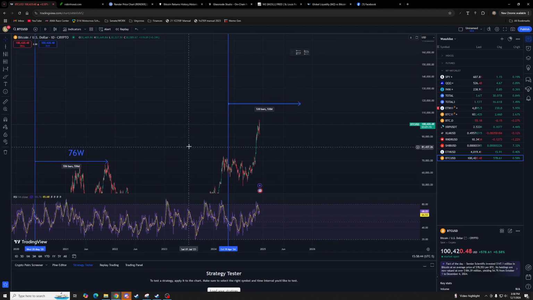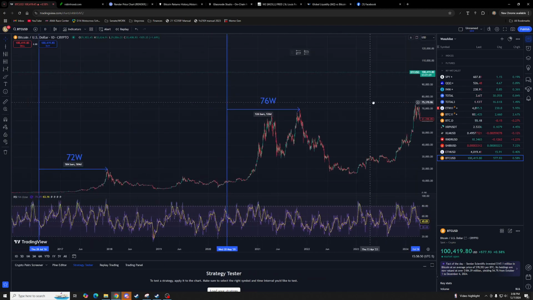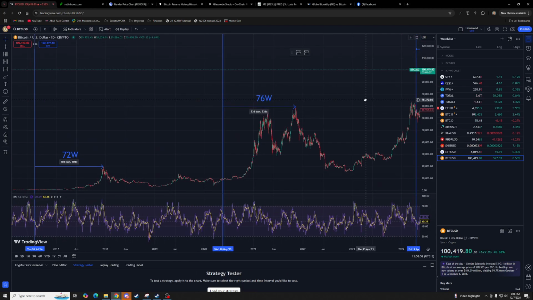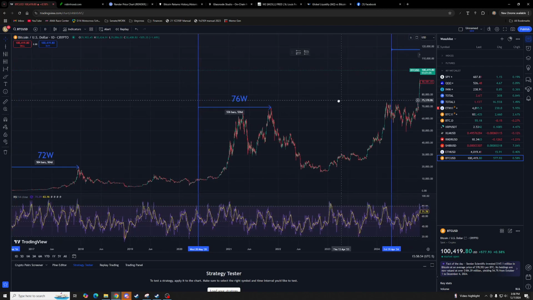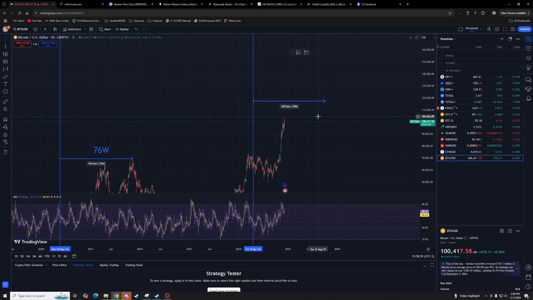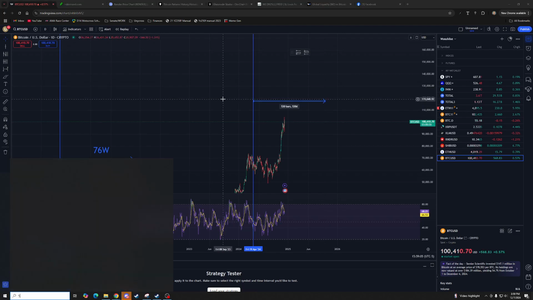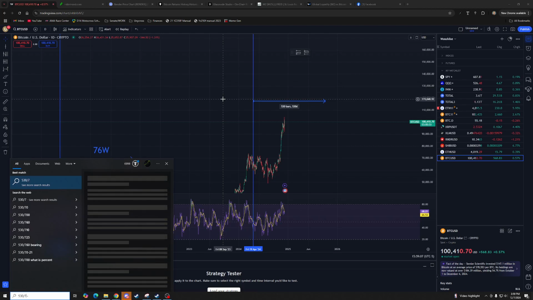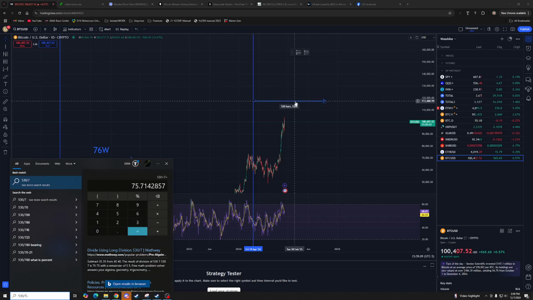Alright. So now we want this to be conservatively between 70 and 80 weeks, right? So let's just put it at 75, which is probably pretty close to that now, I guess. 530 divided by 7. Yeah, 75.